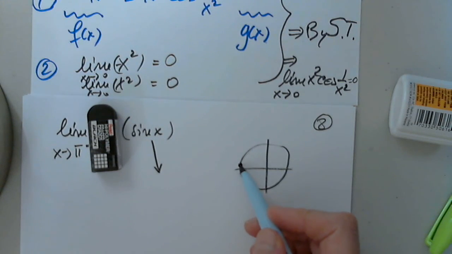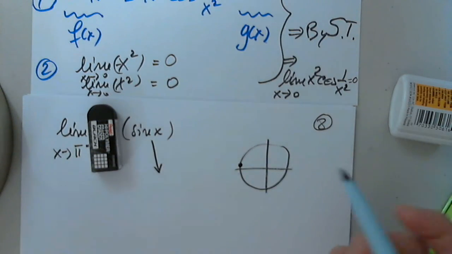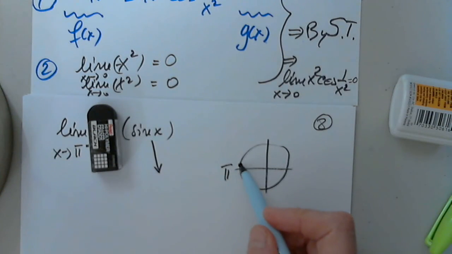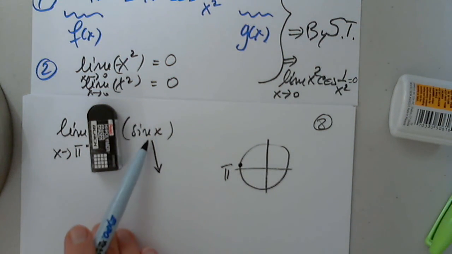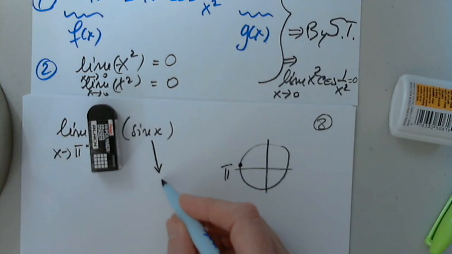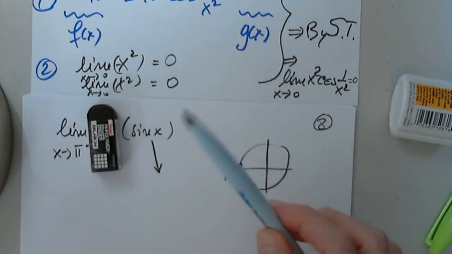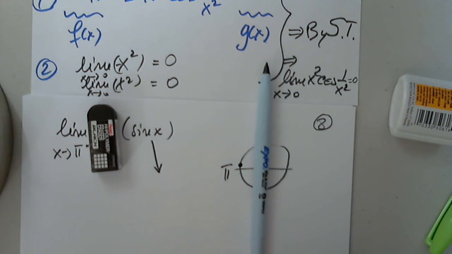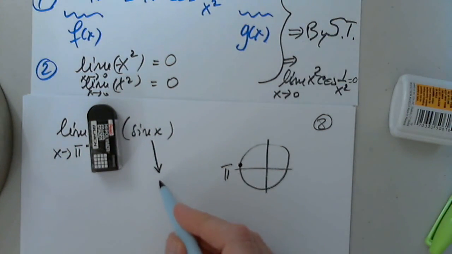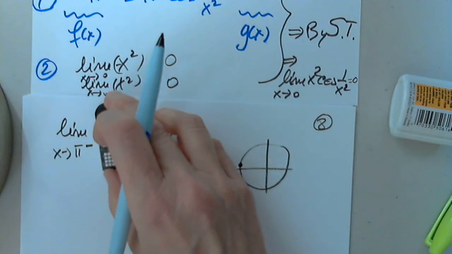Pi from the left is with numbers, in this case angles, smaller than pi. This is pi. So where is sine from the left of pi going to? Remember, sine is measured on the y-axis. Zero. Excellent. Stay with me.